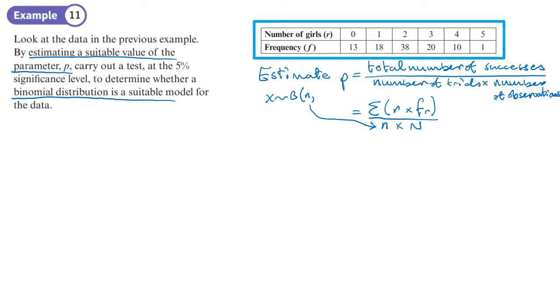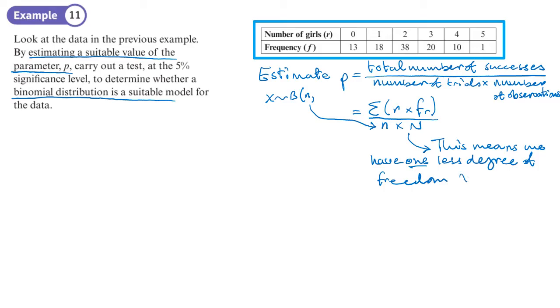Now when you estimate P, what happens is that you now have one less degree of freedom. So that means that when we estimate the number of degrees of freedom, it's going to be the number of cells minus 2.